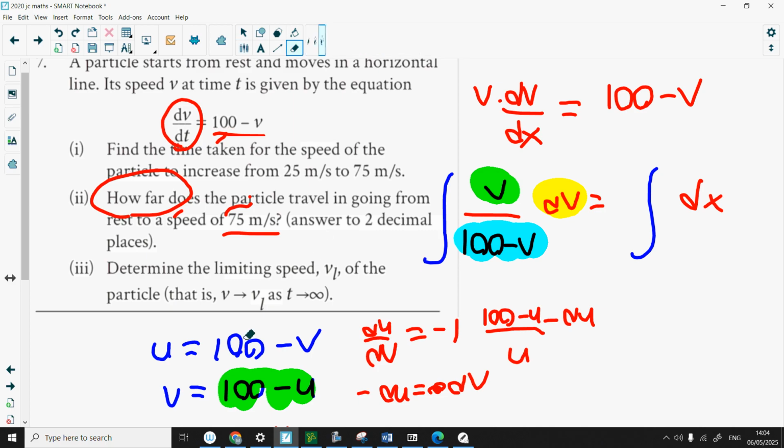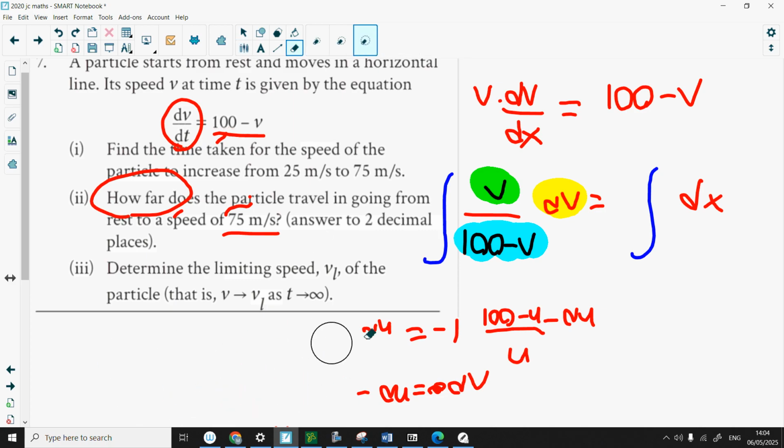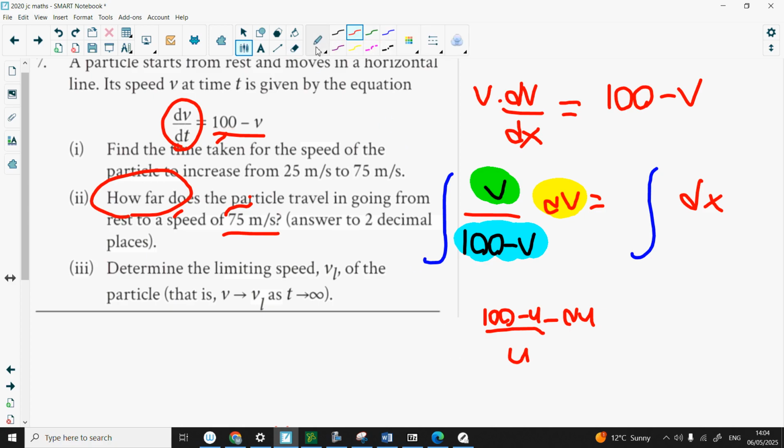Okay. Now that we've established all that, here's what I'm going to do. Do you see that minus? I'm going to multiply it by all the top. How does that minus affect 100 minus u?